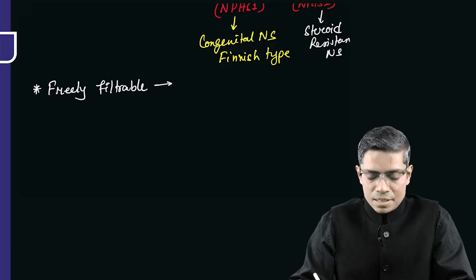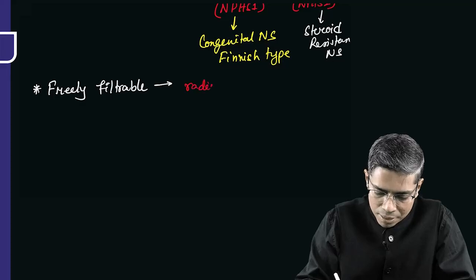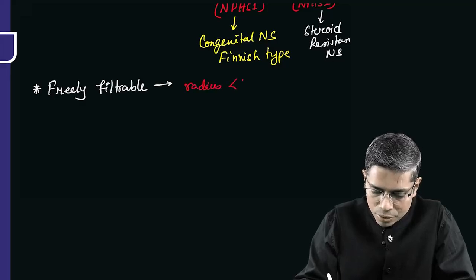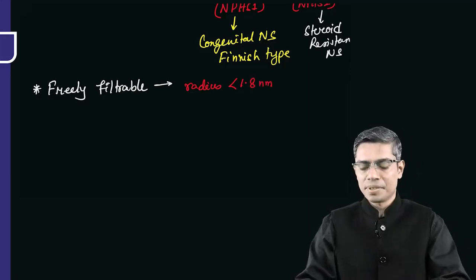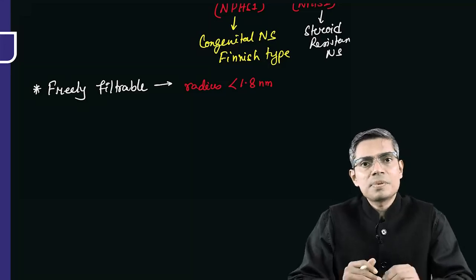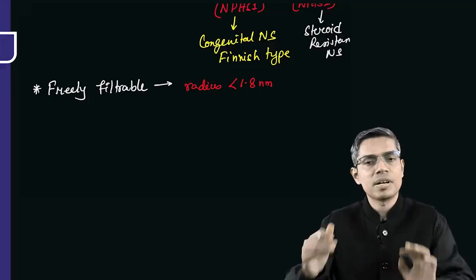Freely filtrable substances mean the molecular radius should be lesser than 1.8 nanometer, right? So these substances are freely filtrable, meaning whatever the charge of these substances, it may be negatively charged, it may be positively charged, but it will easily pass through.